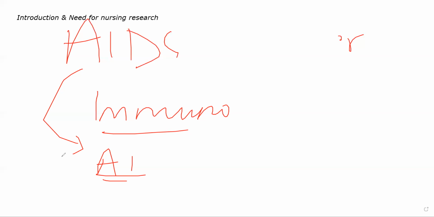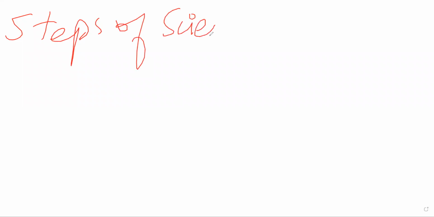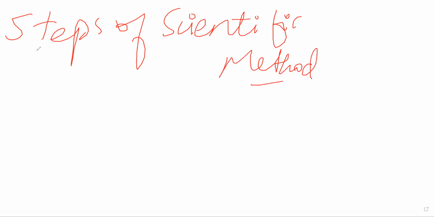Now, coming to scientific method and scientific approach as such, steps of scientific method. Now, scientific approach is a systemic, how should I put it, it's a system of logical and orderly elements.